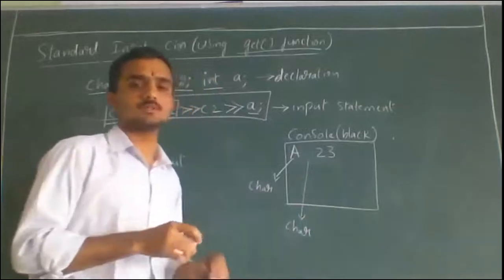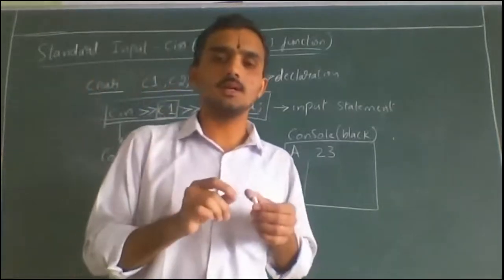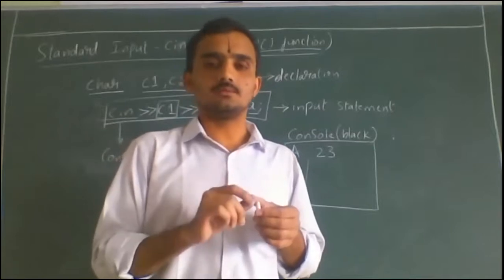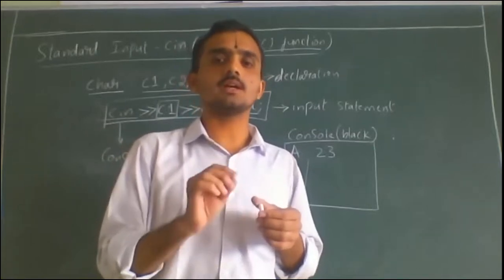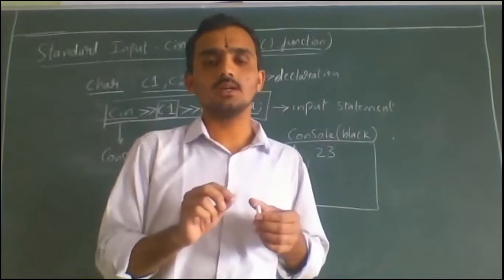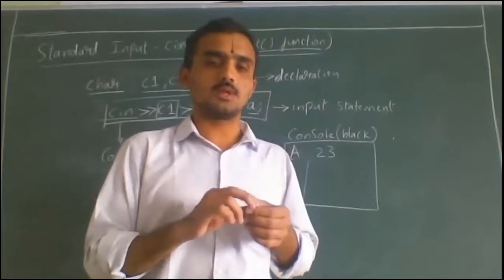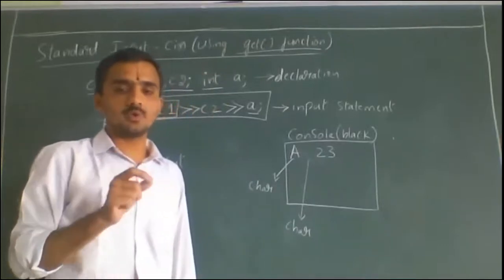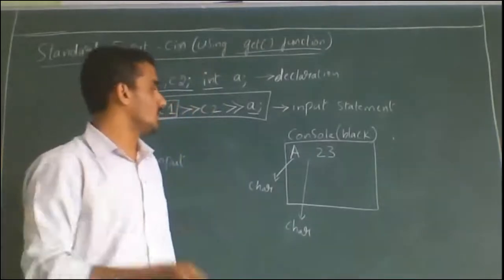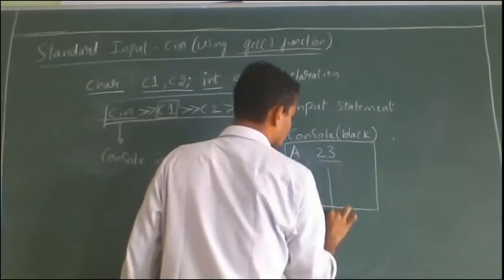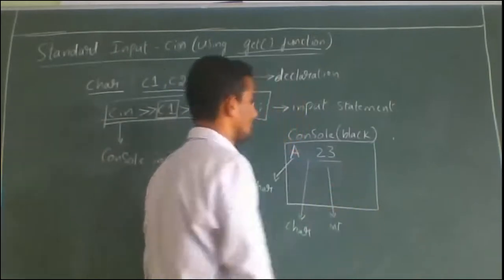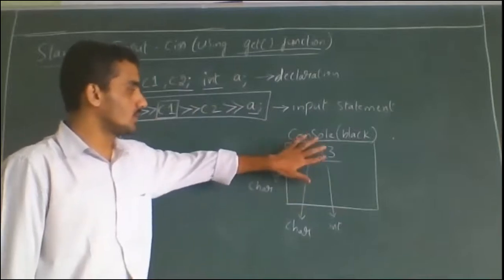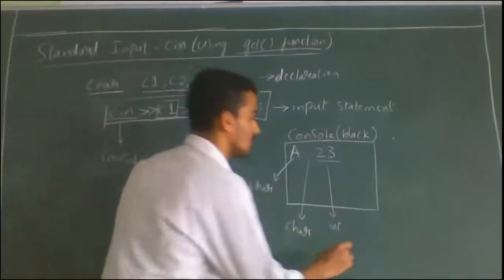Understand this concept: a character can be a letter, a digit, or a symbol, that is, all the categories of keys on the keyboard. So a blank space is one symbol, and in computer memory it has some value. And 23 is an integer. So A is a character, blank space is also a character, and 23 is an integer value.